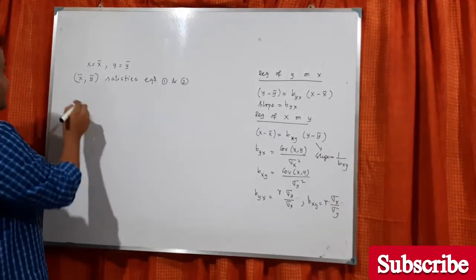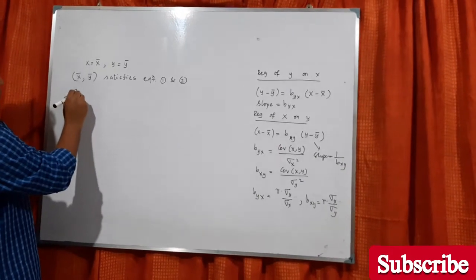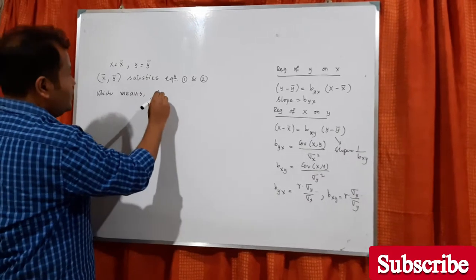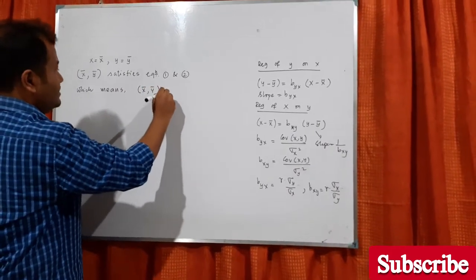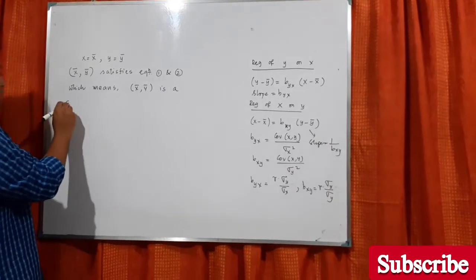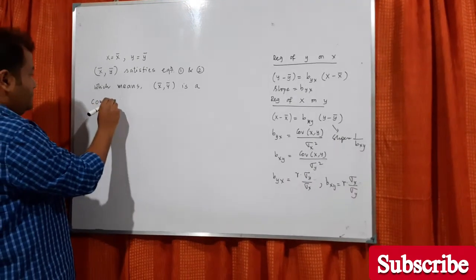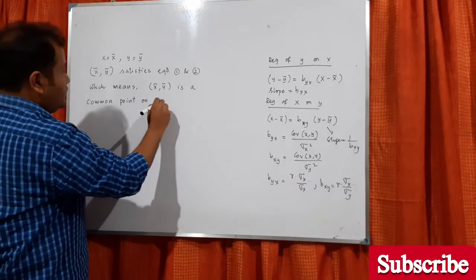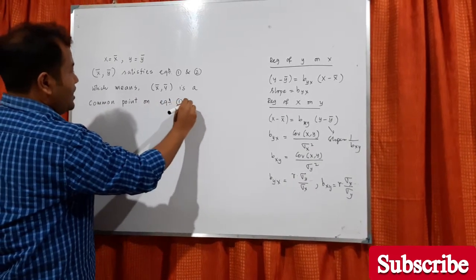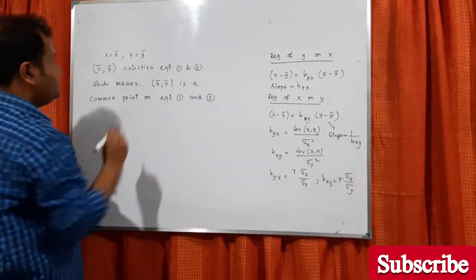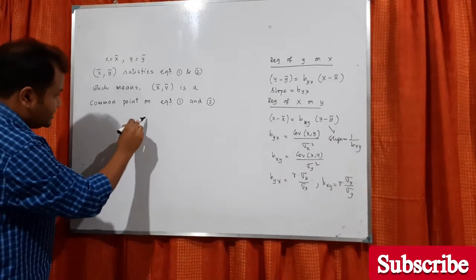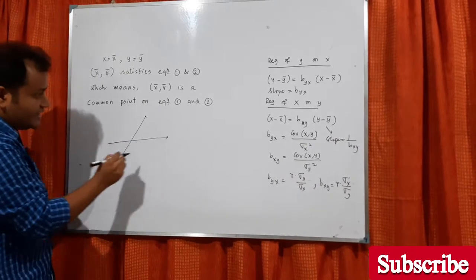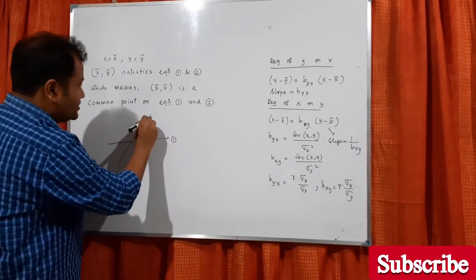What is the meaning? Which means x bar y bar is a common point on equations 1 and 2. So suppose this is straight line 1 and this is straight line 2.